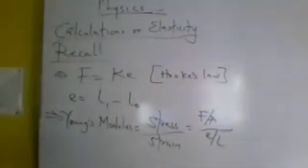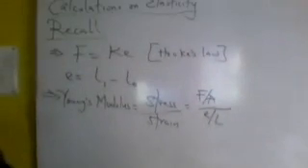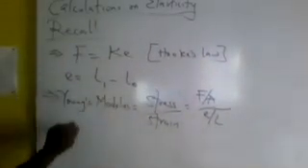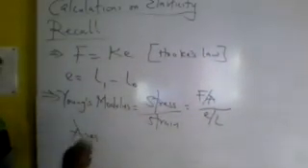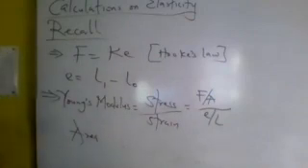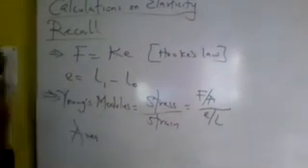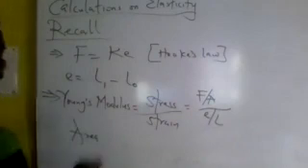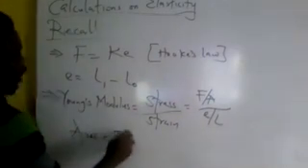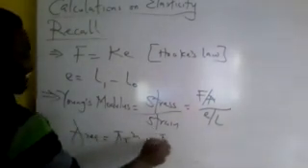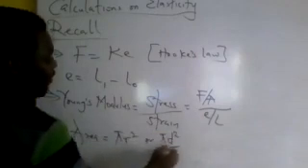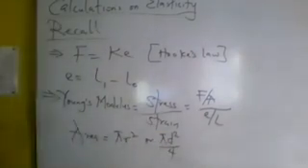Now, another formula you probably come across is that of cross-sectional area. We should know that our cross-sectional area, especially if you have a cylindrical material, is given as pi r squared or pi d squared over 4. Are we following?